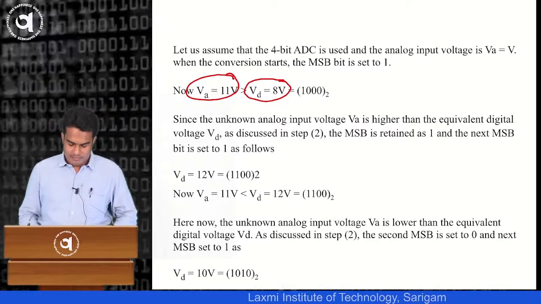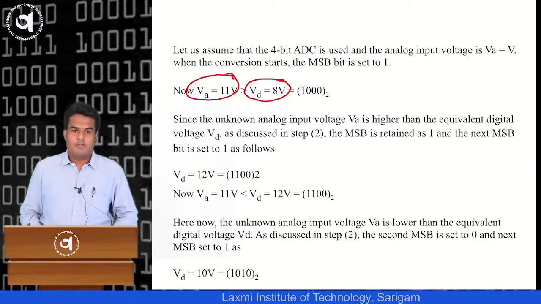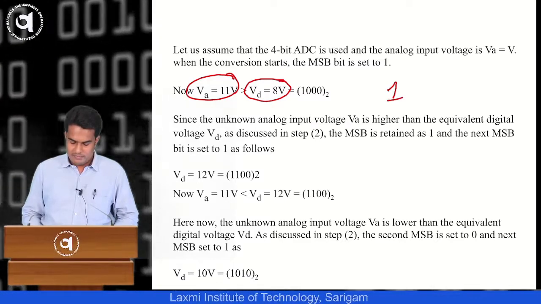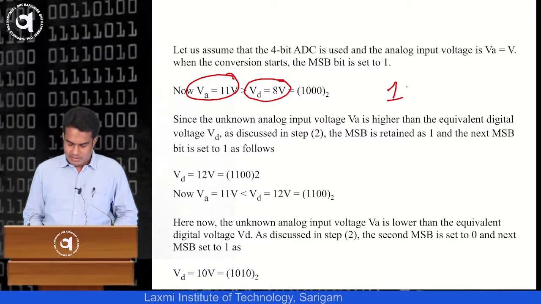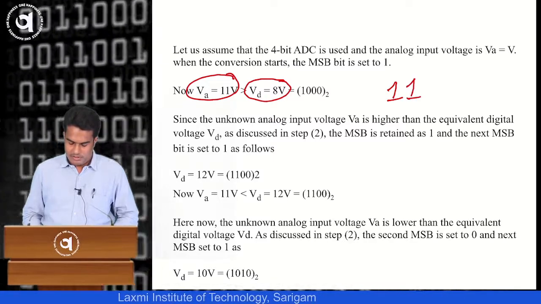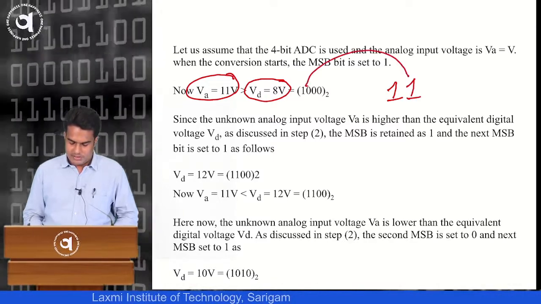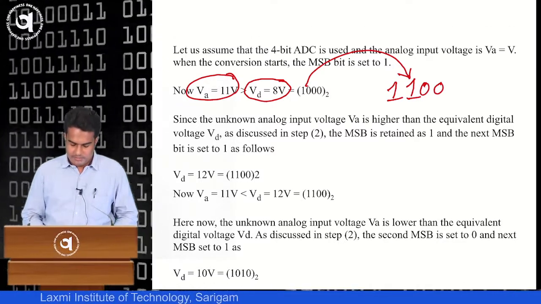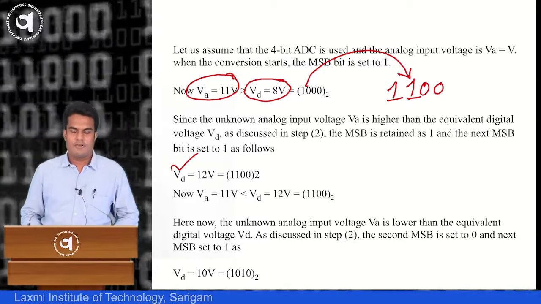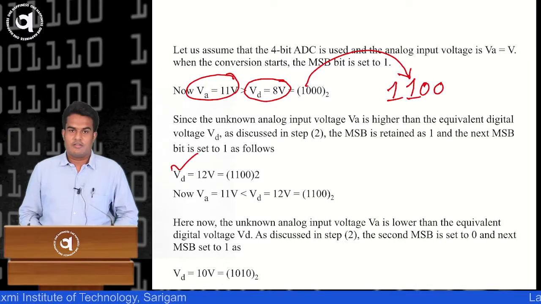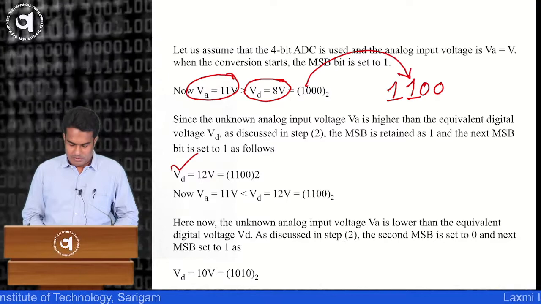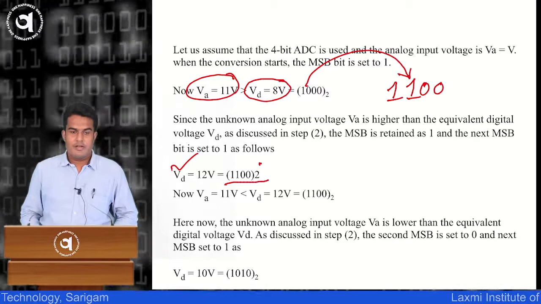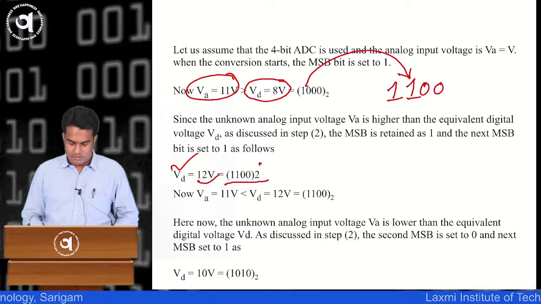So the successive approximation register will keep the MSB as it is. It will change the next bit, which is next to the MSB, from 0 to 1, and the other 2 bits will remain as they are. So the digital value generated by the successive approximation register is 1100, and the equivalent decimal value is 12 volt.